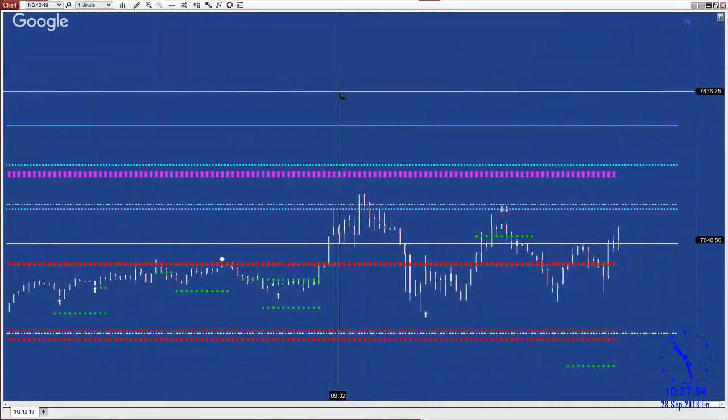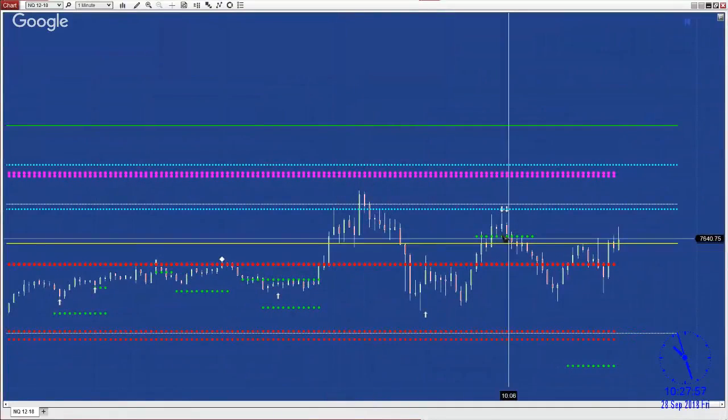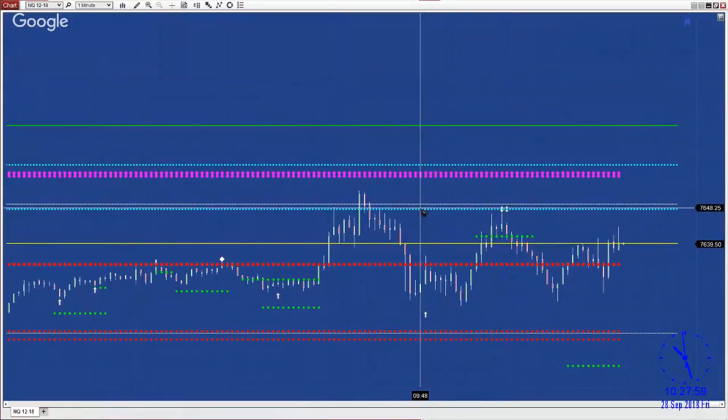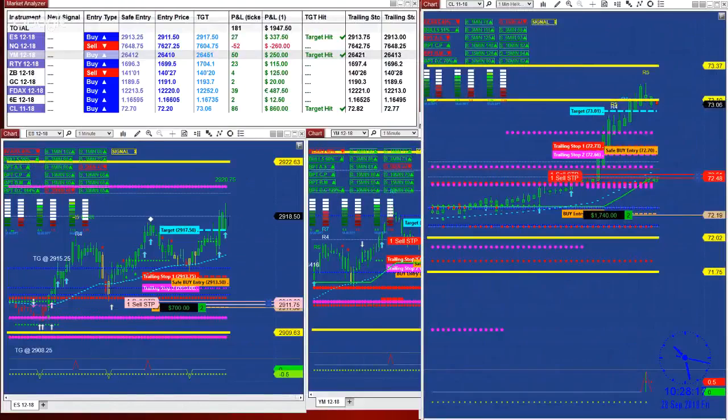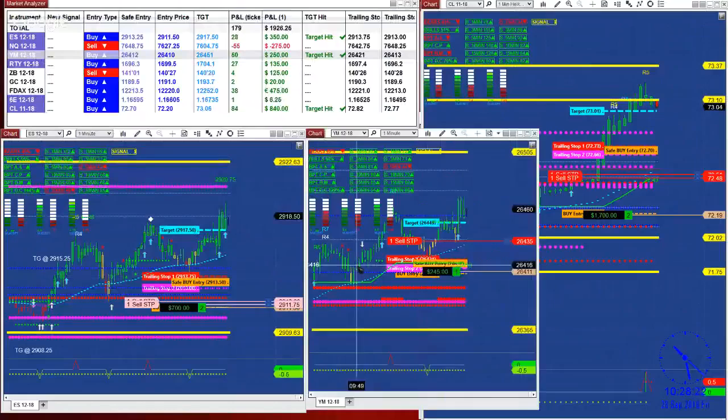Even the CL and ES were trading, and it seems like there is a problem at the 48.25 level. You notice that, and it's not going anywhere on the Nasdaq. You see, it's chop. You cannot trade the Nasdaq at the moment. Even the ES is moving, but the Nasdaq is not moving. Welcome to trading, guys. Don't ask me why and how.